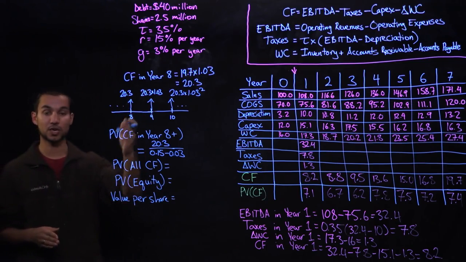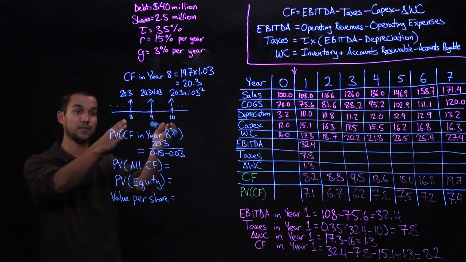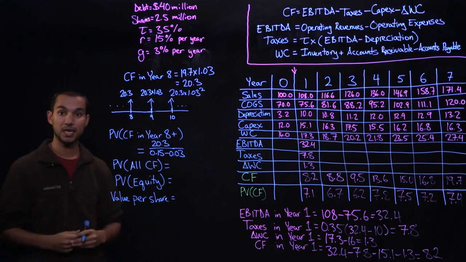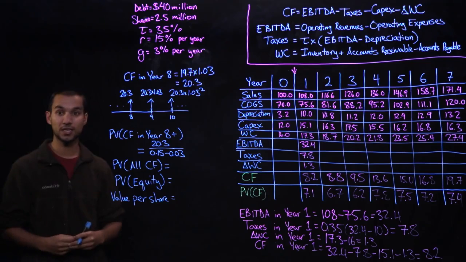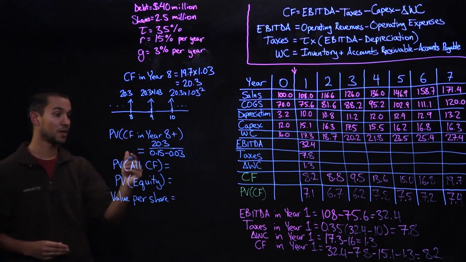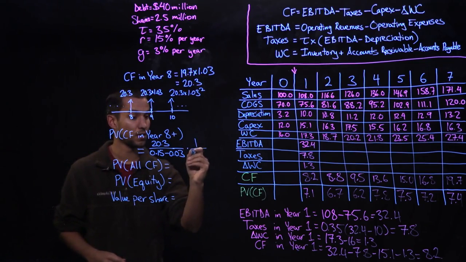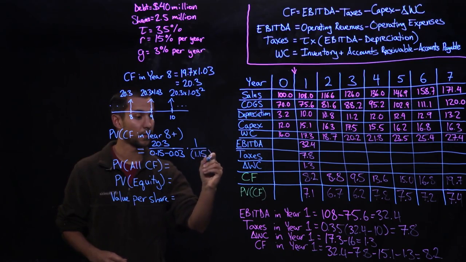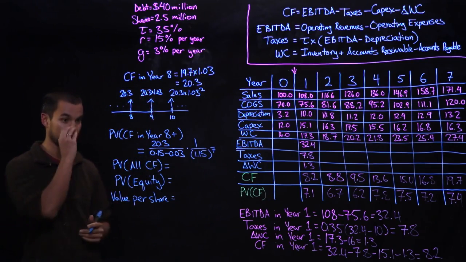But recall that our growing perpetuity formula assumes that the first cash flow occurs 1 year from now. But these cash flows start in year 8. So if we use this formula, we're actually getting their present value as if we were sitting in year 7. And so we have to discount all these cash flows an additional 7 years. We have to multiply by 1 over 1.15 to the 7 to discount them an additional 7 years.